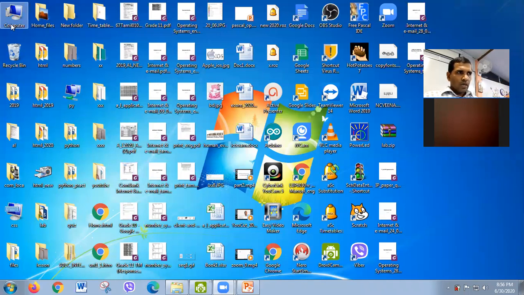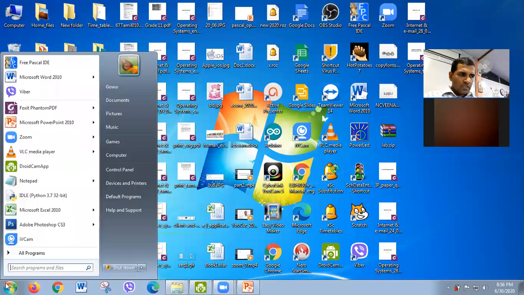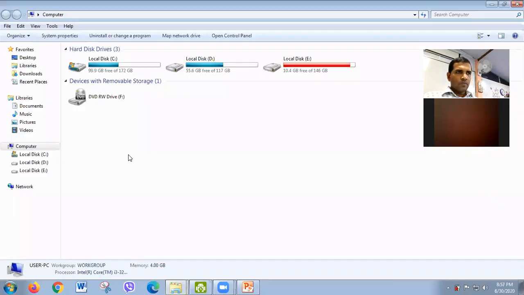Sometimes, look here, I have a computer icon, or even if you go to the start option, the computer is found. So click on the computer, or in other words, open the computer. So this is the one which I talked about. Look here, hard disk drives 3, local disk C, local disk D, local disk E. What are they? These are partitions.